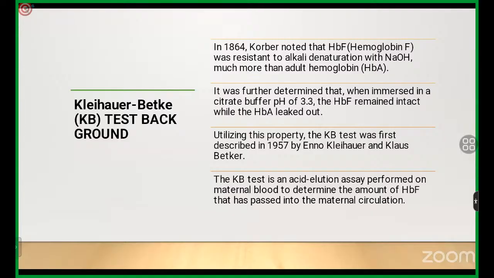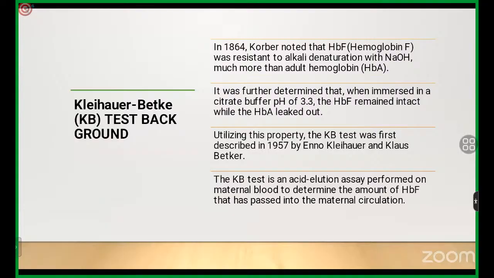So as we look at this background, we realize that in 1864, this person named Kober identified hemoglobin F being resistant to alkali denaturation. That's sodium hydroxide. However, as research continued, it was realized that acid elution was more effective than the alkali elution method.